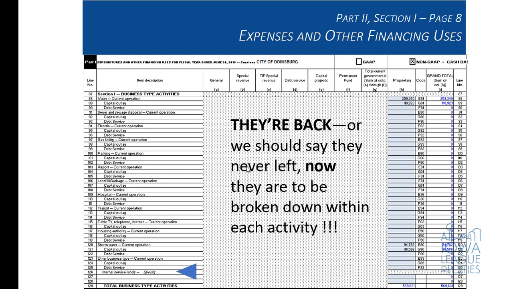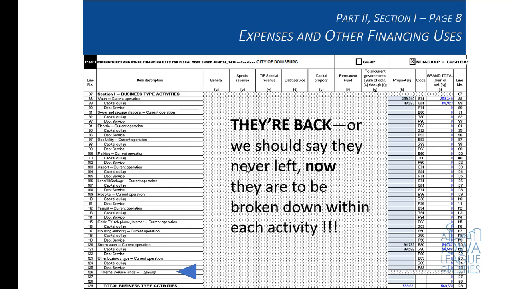Now we're going to talk about page 8, which is the enterprise. And you'll see that the breakdown is back, or for this particular type of accounting, it never went away. But the breakdown is there. They want to know the operation versus the capital versus the debt service.